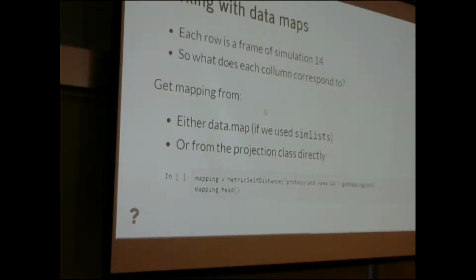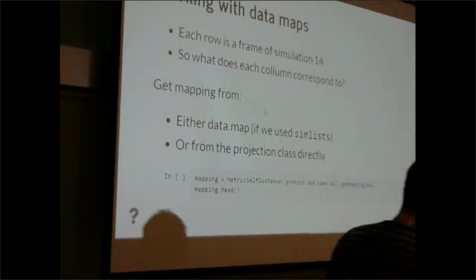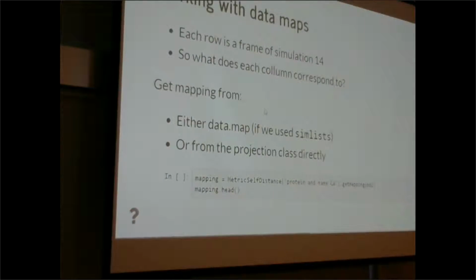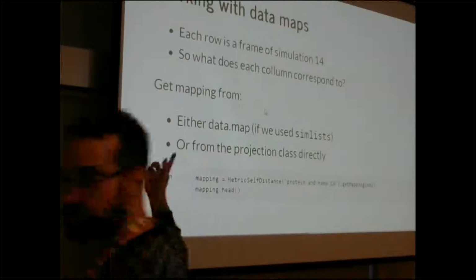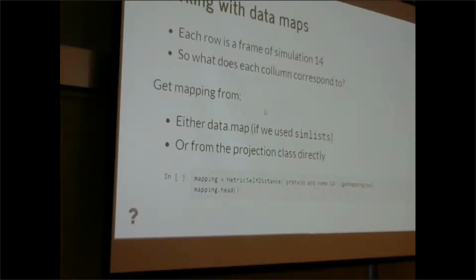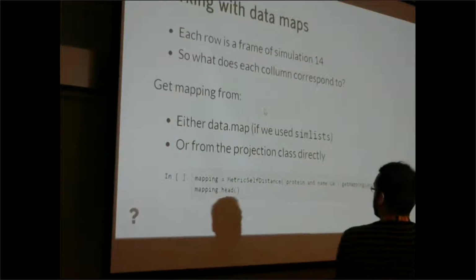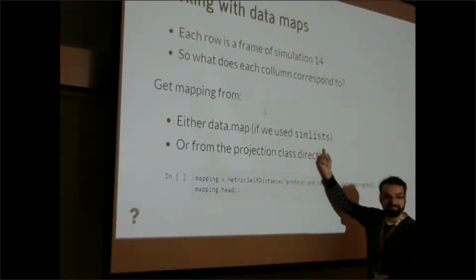Another important thing to talk about, and something that Stefan actually took some time to implement, is the meaning of these dimensions that we project, okay? I'm going to jump directly to the get mapping, because here we removed the simulation lists, right?